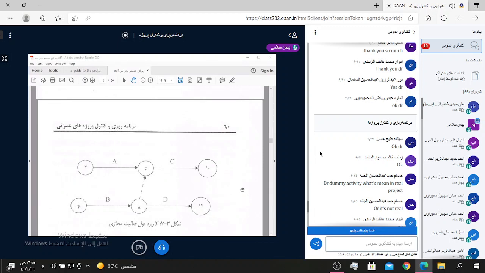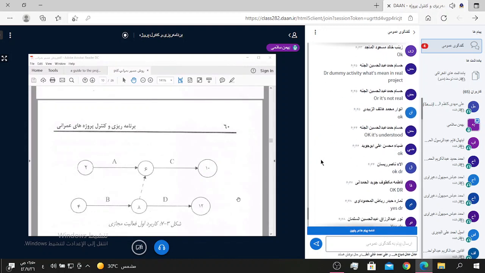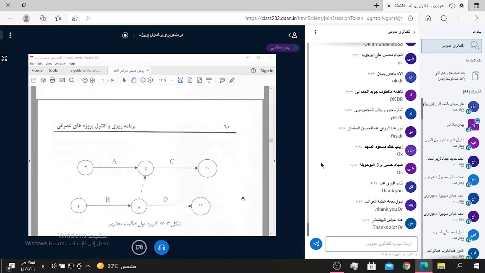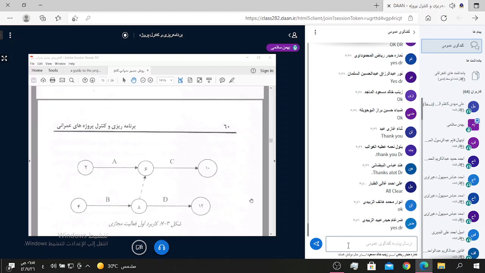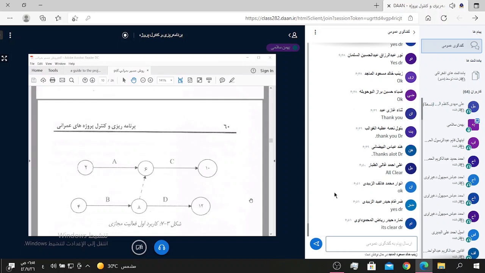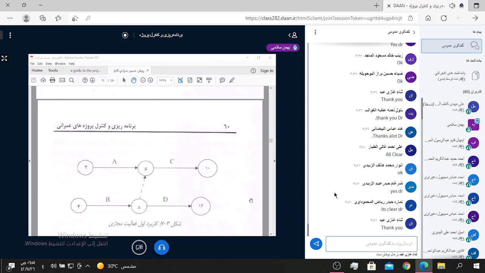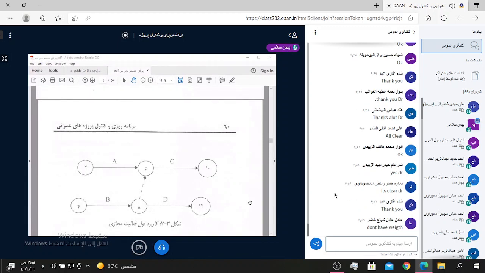All students should understand this issue. If one student cannot understand, they should ask me to explain more. Okay. She said it's clear. I hope that is clear for all students.